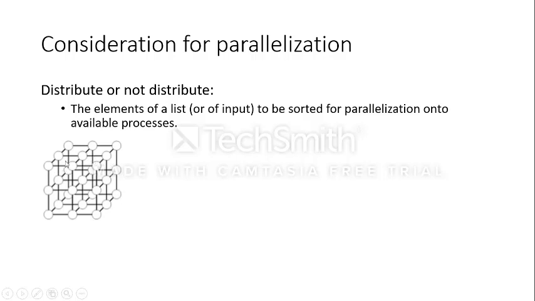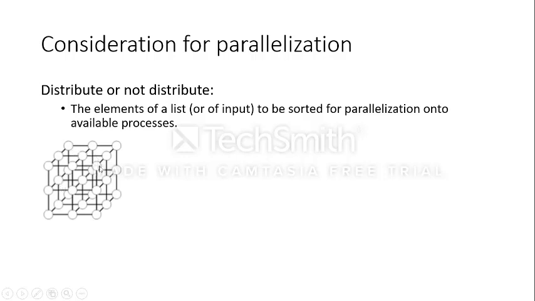Or suppose we have this three-dimensional mesh architecture, and the number of elements to be sorted is just 20. We can easily assign those values onto the nodes of this mesh.